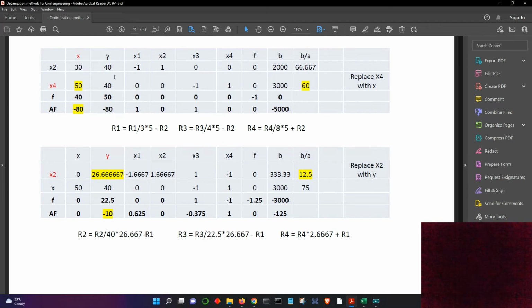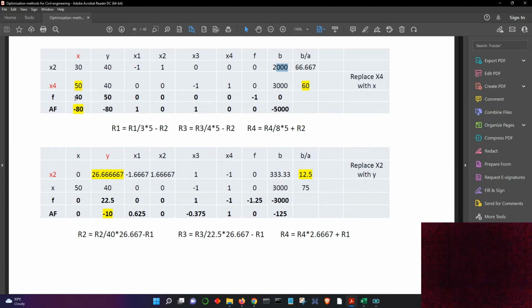So our first inequality constraint was 30x plus 40y minus x1 plus x2, and all these things 0 is equal to 2000. Second was 50x plus 40y, then minus x3 plus x4, and is equal to 3000.